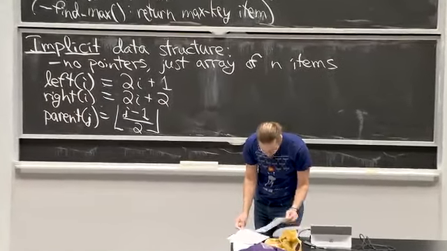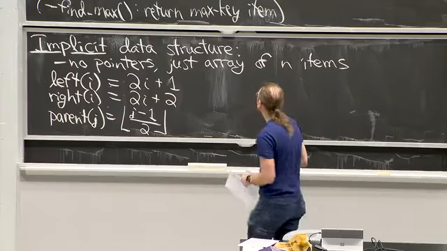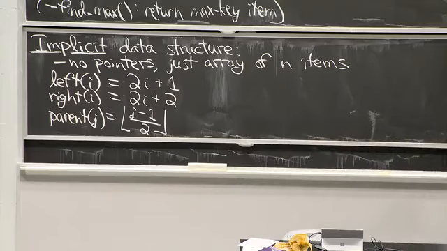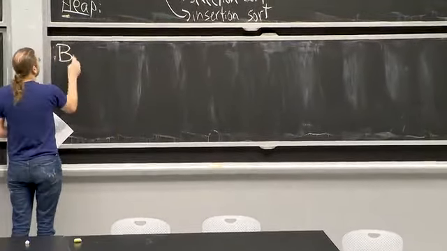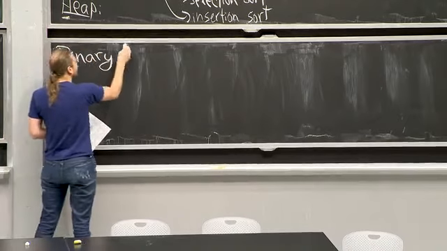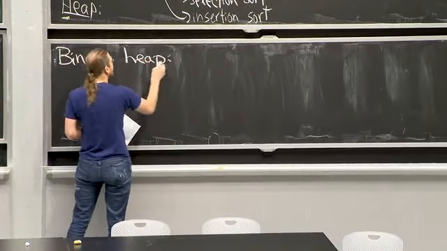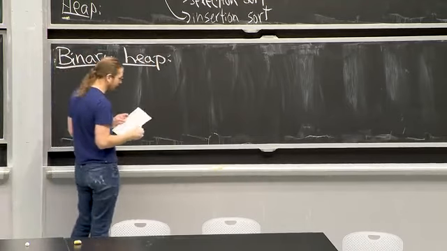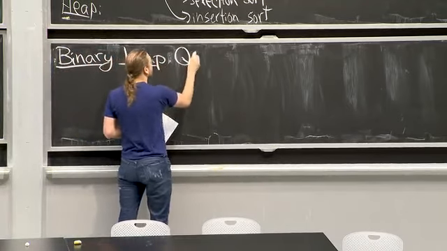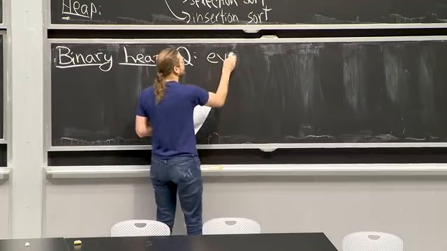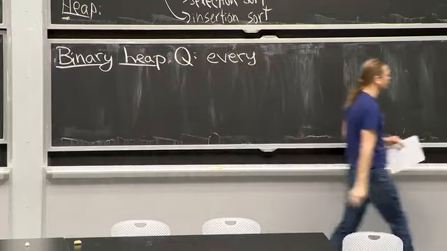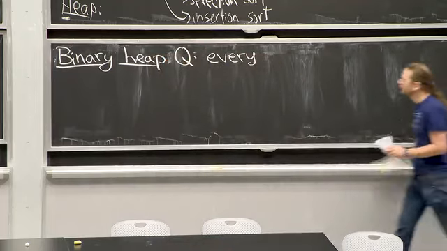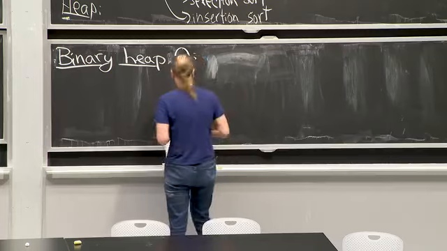Cool. So this is basically a heap. I just need to add one more property, naturally called the heap property. There are multiple types of heaps. This type of heap is called a binary heap. We will talk about others in future lectures. I'm going to call it Q. Maybe I should write the explicit thing.